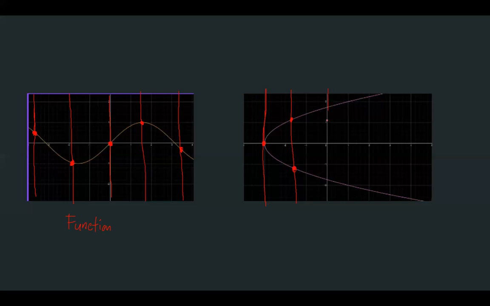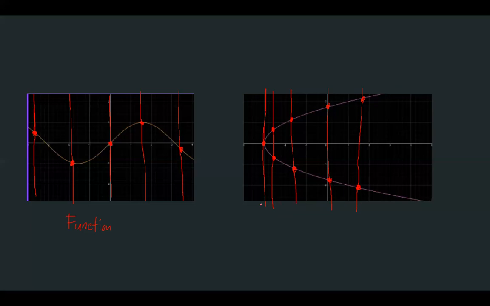If I continuously draw vertical lines here, I will have a vertical line that intersects at 2 points. Even if I draw it here, this line intersects at 2 points, especially here as well. So what can you conclude? Most of the vertical lines that I just drew intersect at 2 points.